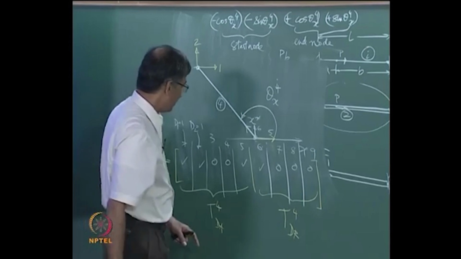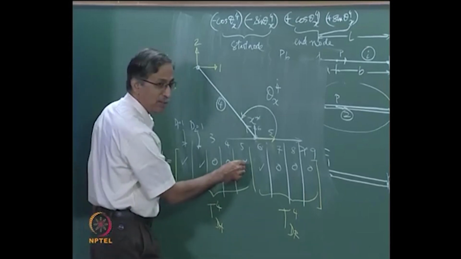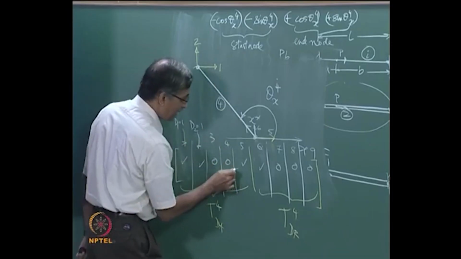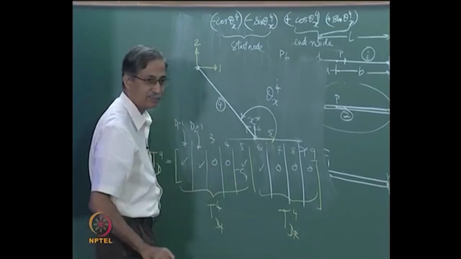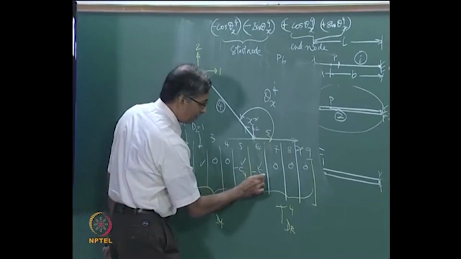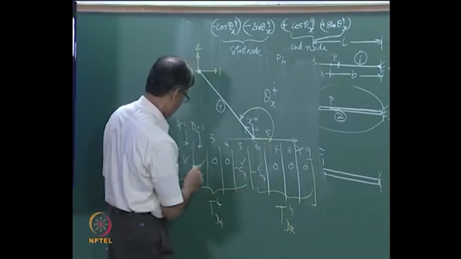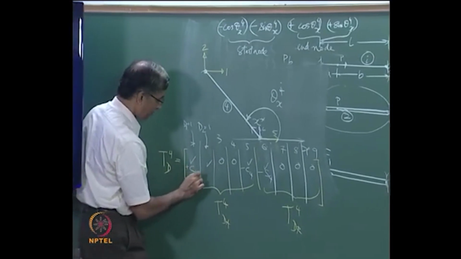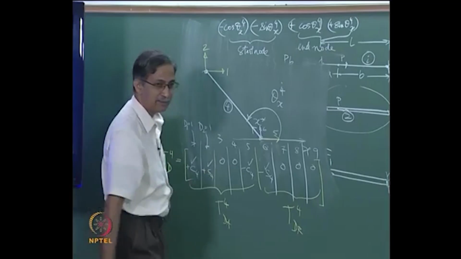Now, so here I should put, so let me simplify and put minus C4. Here I should put S4. Here I should put C4. Plus C4. Does this make sense?